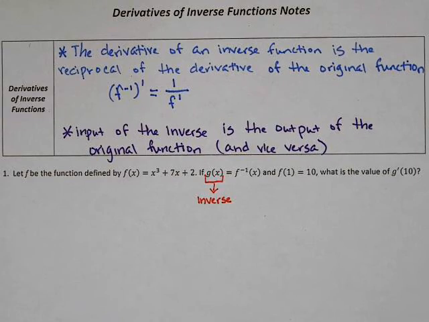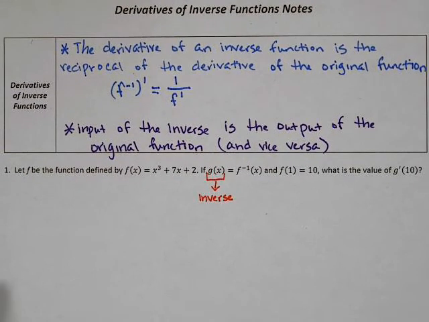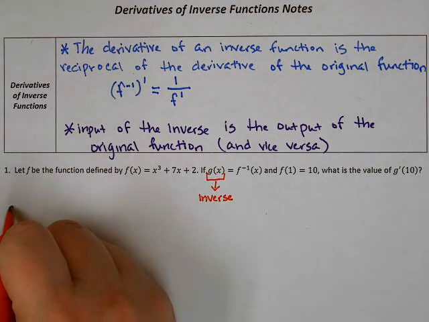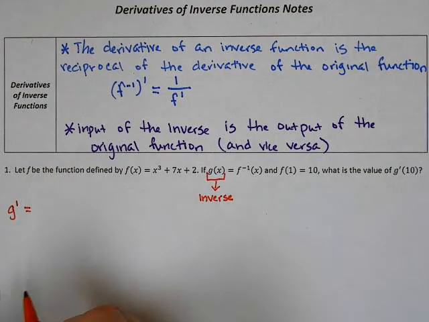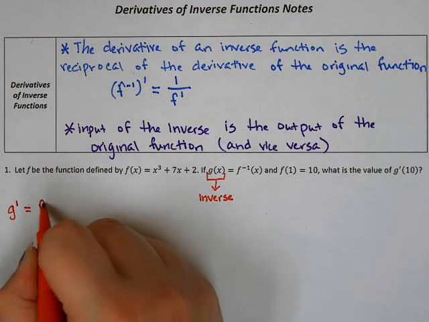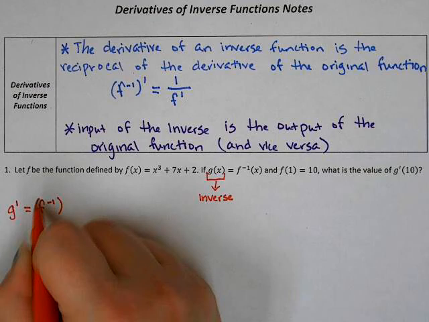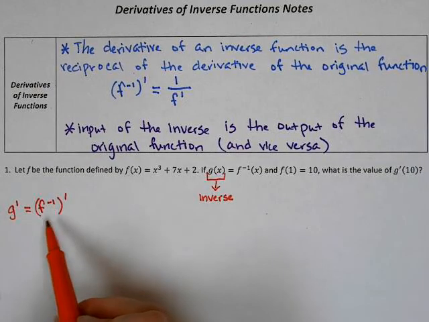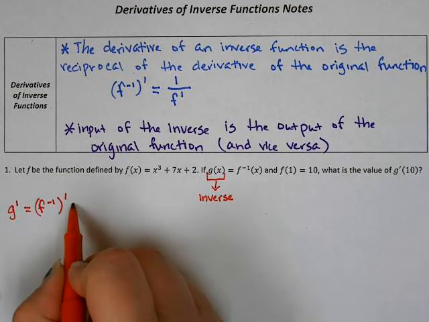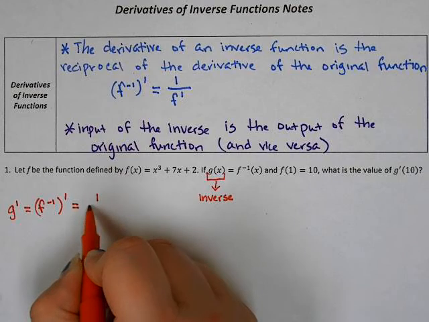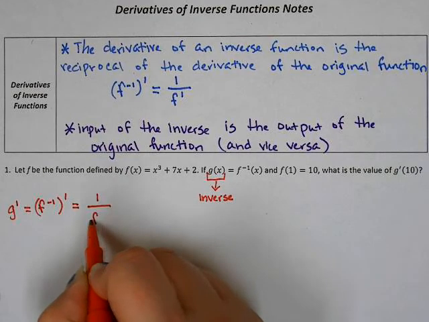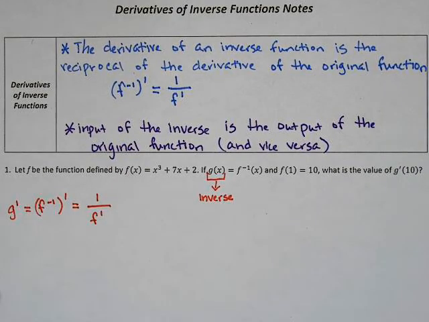And we also know that when we take g prime, the derivative of g, it is going to be equal to f inverse prime, so the derivative of the inverse, which we just said is equal to the reciprocal of the derivative of the original.